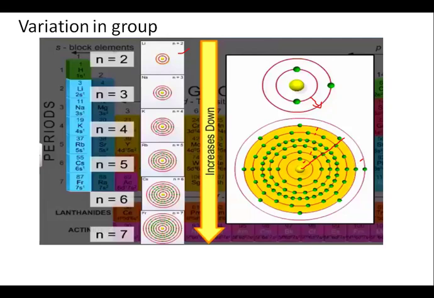So basically downwards atomic radii increases due to addition of shells. Do remember, nuclear charge also goes on increasing, but the effect of the addition of shells dominates the nuclear charge. So these are the general trends for atomic radii.